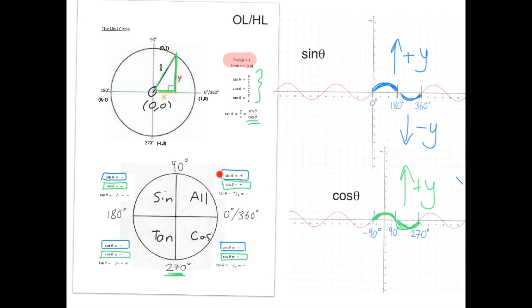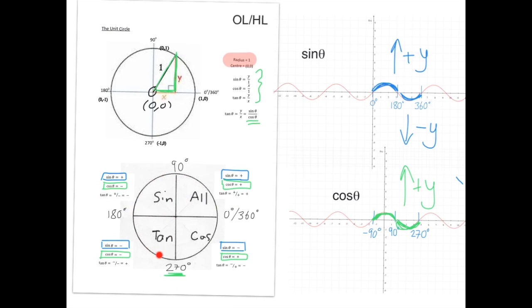So sine, cos, and tan are all positive in the first quadrant. In the second quadrant, sine is positive, but cosine is negative this time, so tan will be a positive number divided by a negative number, which gives you a negative number, meaning the only positive trigonometric function in this quadrant is sine.